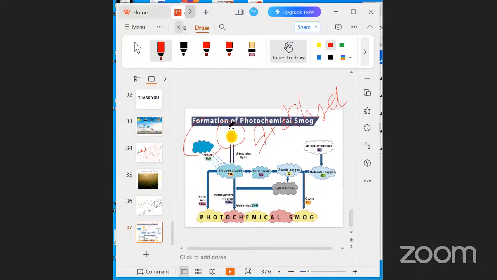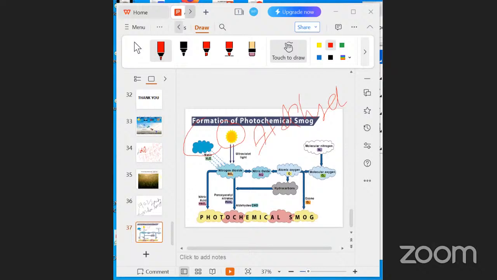Some common examples of primary pollutants are nitric oxide, nitrogen dioxide, nitrous oxide, and most volatile compounds. During morning time, that is peak traffic hours, the nitrogen oxides and volatile compounds are hugely released into the environment.